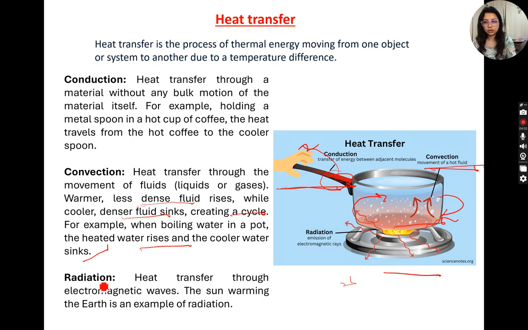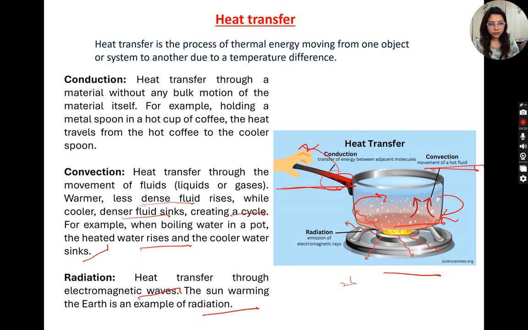The third one is radiation, which is heat transfer through electromagnetic waves. The Sun warming the earth is an example of radiation. These 3 terms are very important when we study heat transfer. So let us start with the questions based on this topic.